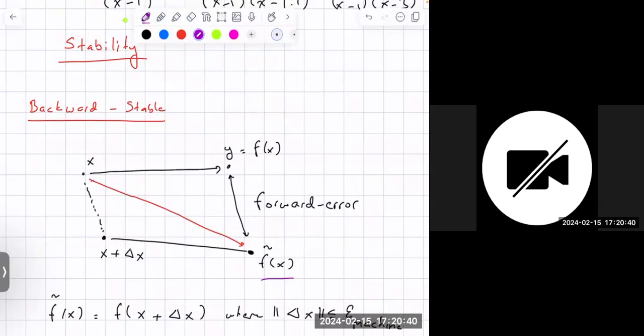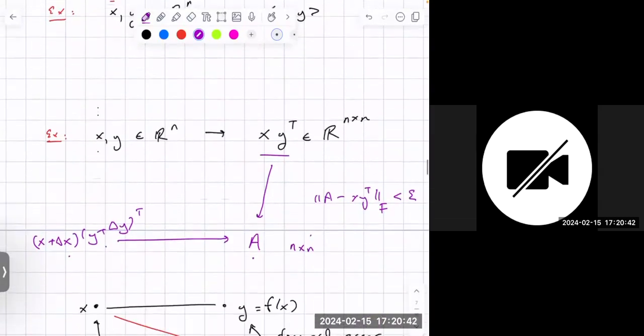And what is our map? It takes the perturbed input, it will send it to this form, right? And this form is rank 1. But this A, probably not rank 1. So that means there's no such arrow coming back to A. I see you're very confused. So let me erase.